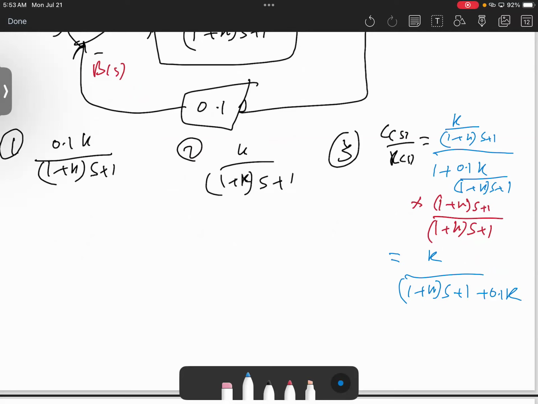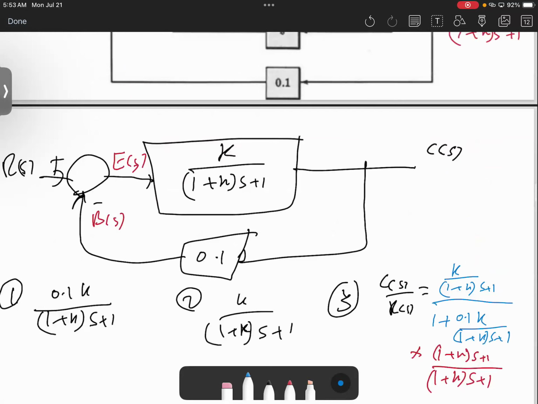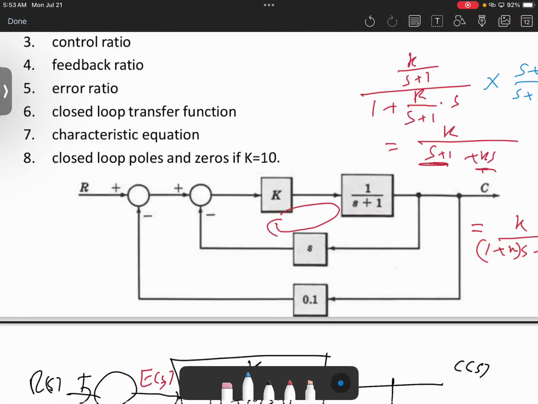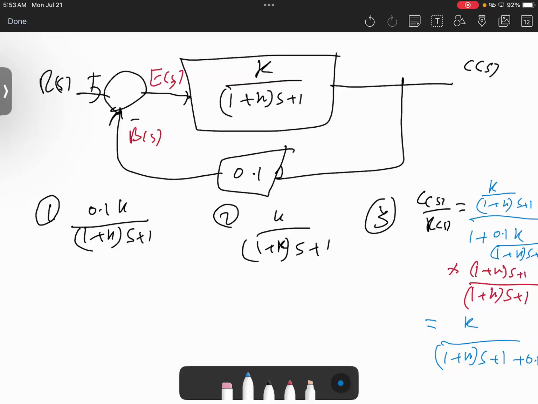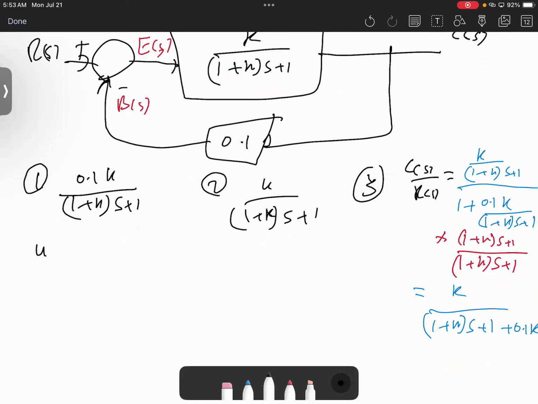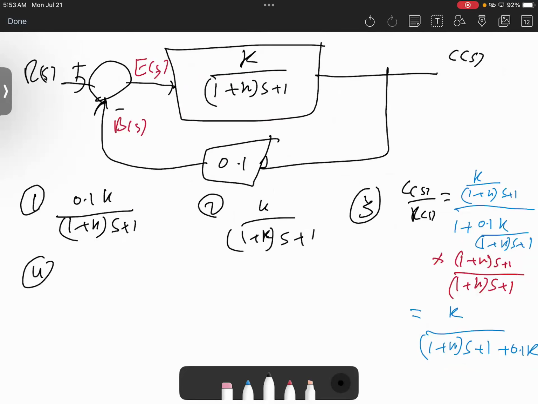The next thing, number 4, feedback ratio, which is B of s over R of s. It will be something very similar to what we have here, but it will be 0.1 times k, because both of them are in the feedback form, those are forward, and the feedback is 1. We already discussed this before.